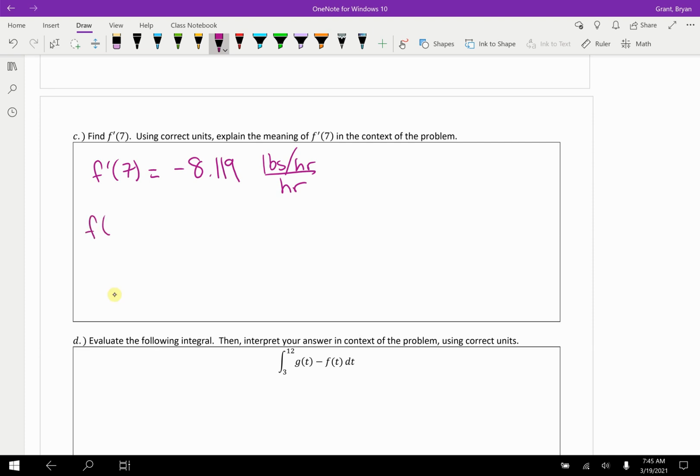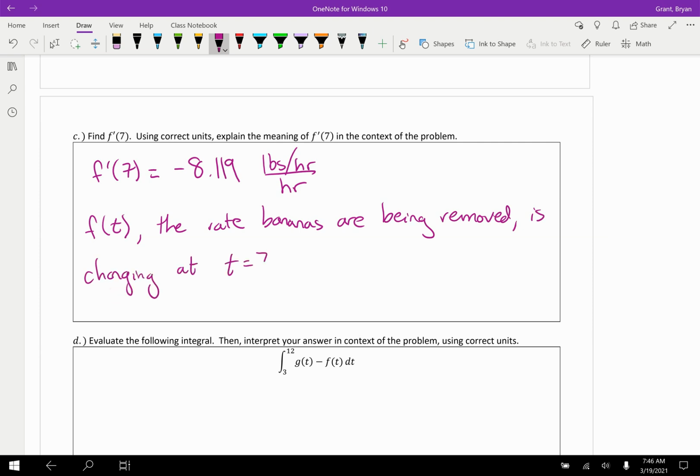We say f of t, the rate bananas are being removed is changing at t equals 7 by -8.119 pounds per hour.